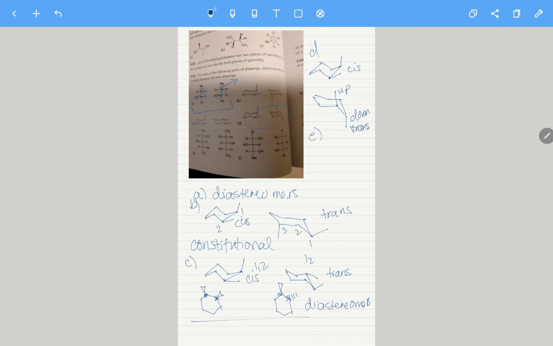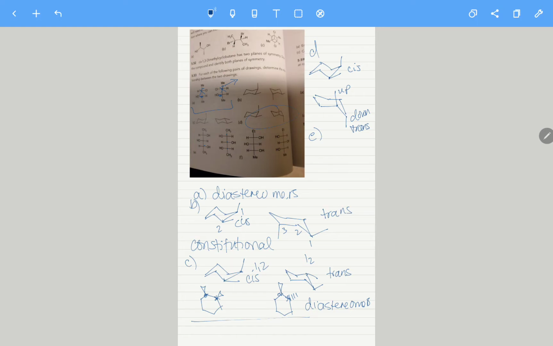And then for E, we're going to look at something very similar to what we did at the beginning. We see that we have chiral centers here and here, at each of the axes, and these look like mirror images of each other, and they look like they could be superimposable on top of each other.